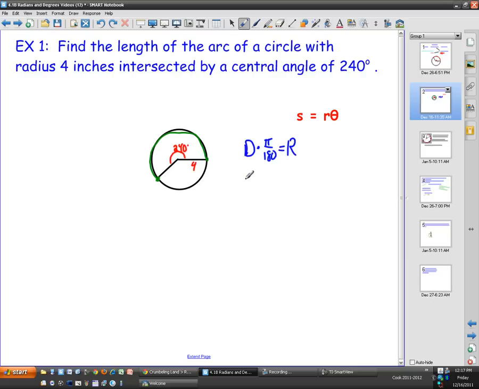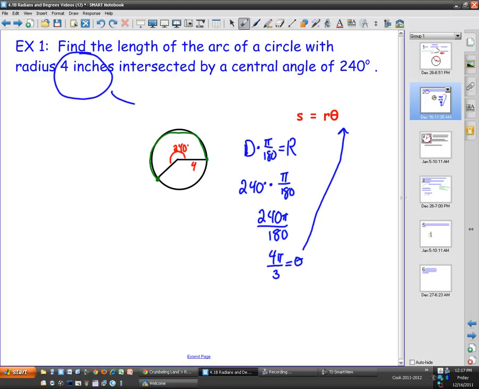So I have 240 degrees. I will multiply that by pi over 180. That really gives me 240 pi over 180. Now if I reduce the 240 over 180 and leave the pi out of this, I end up with 4 pi over 3. So that is the theta that I'm looking for. That's going to get plugged into my formula up here. They already told me that my radius is 4 inches, so I plug that in.